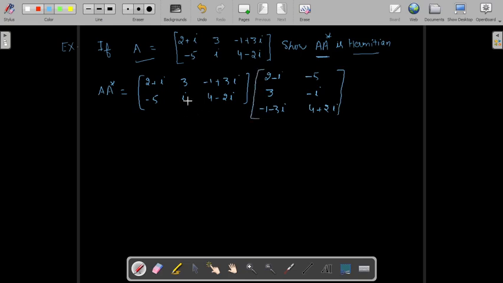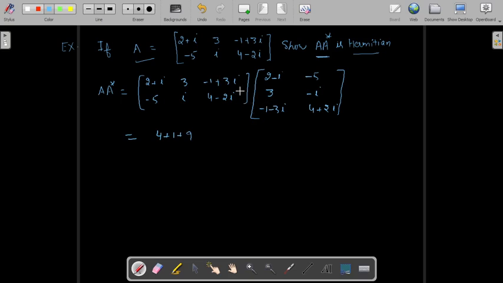So let us calculate its product. This becomes this row into this column: 2 plus iota into 2 minus iota. A plus b, a minus b, so this becomes a square minus b square. So 4 minus iota square is minus 1, so this becomes plus 1 here. This into this, 3 into 3, so plus 9 here.